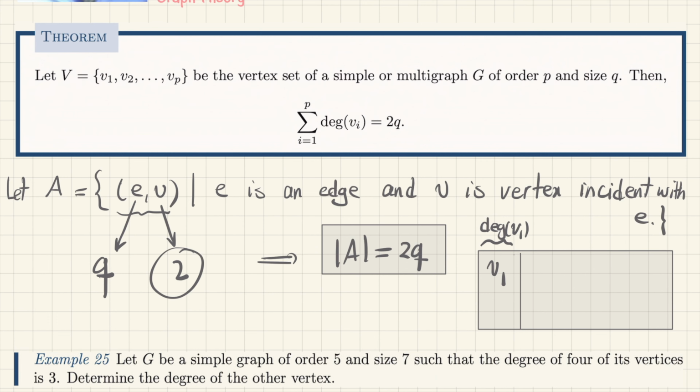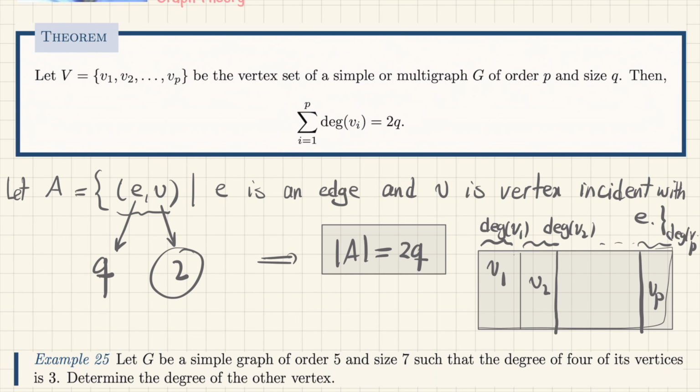If I go to the next one, V2, how many ordered pairs do I have there? For the same reason, degree of V2. And then you can continue until the very last, Vp. How many of them do you have there? Degree of Vp. Now if I ask you how many there are in total, you would say the sum.